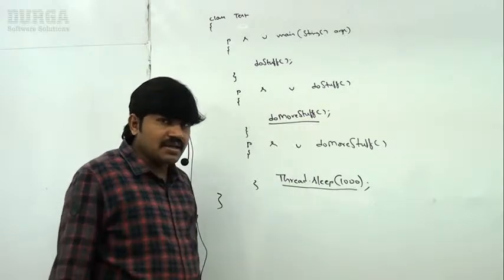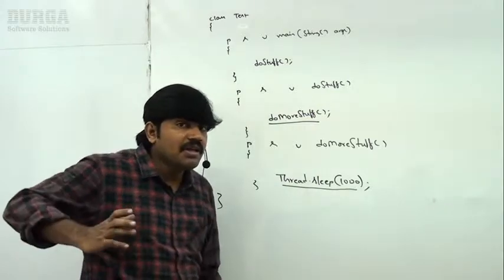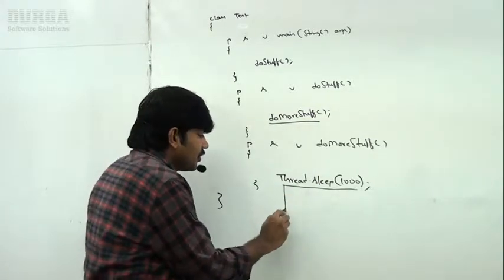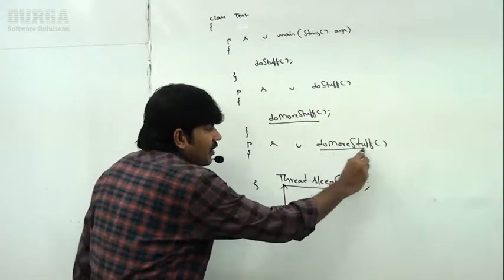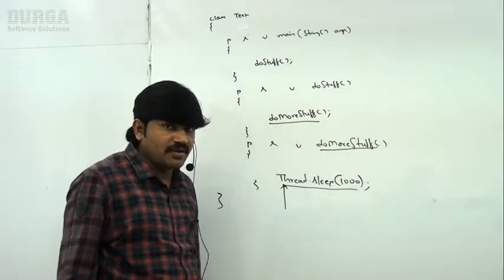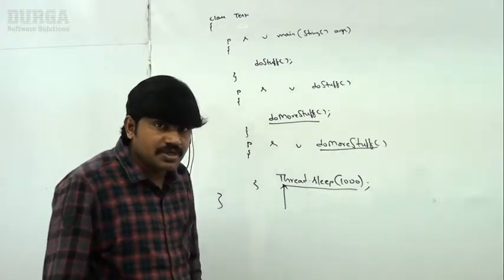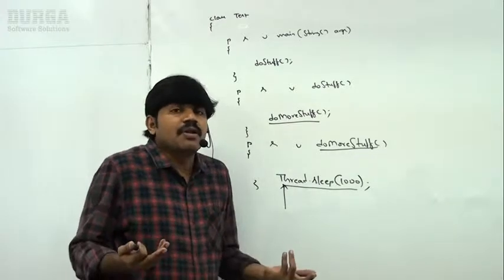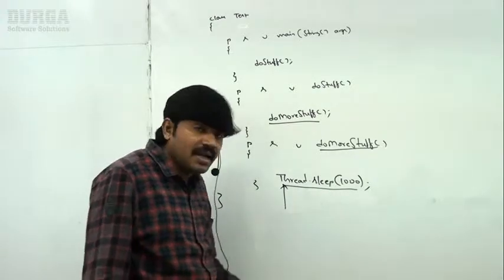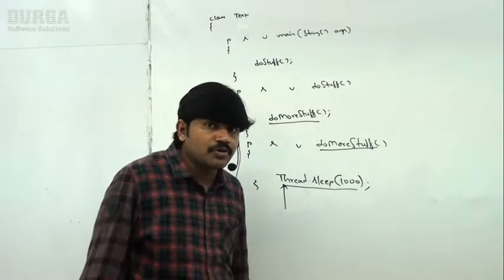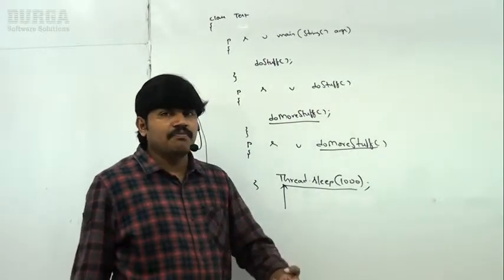Then immediately the compiler will say: at this point, in your area doMoreStuff, there may be a chance of InterruptedException, a checked exception, but you are not handling it. You didn't report about this exception. How can I compile?